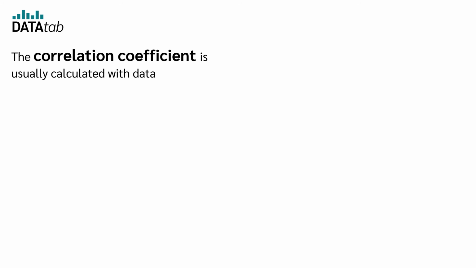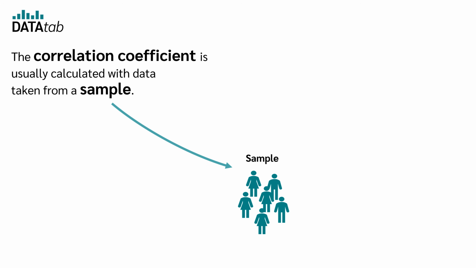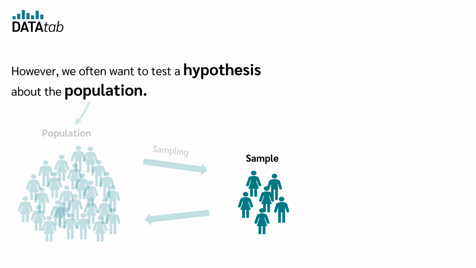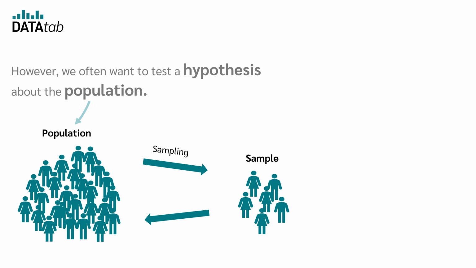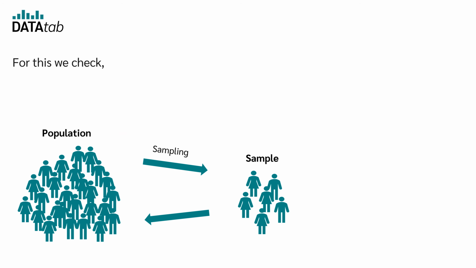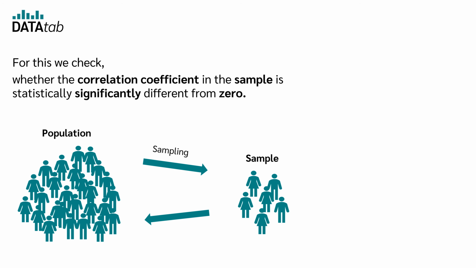The correlation coefficient is usually calculated with data taken from a sample. However, we often want to test a hypothesis about the population. In the case of correlation analysis, we then want to know if there is a correlation in the population. For this, we check whether the correlation coefficient in the sample is statistically significantly different from zero.